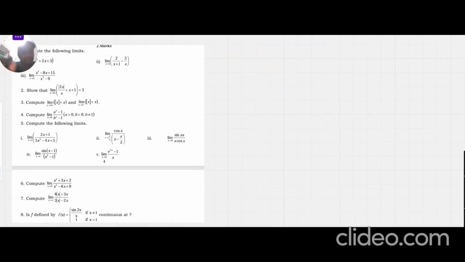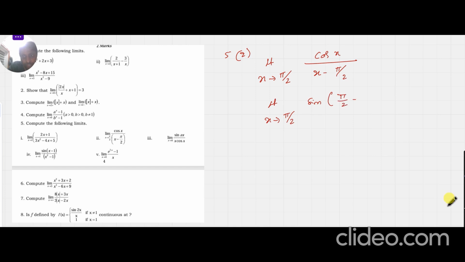Second one. The question second one. What is that? Limit x tending to pi by 2 of cos x by (x minus pi by 2). Limit x tending to pi by 2. What are you saying? You can write sine of (pi by 2 minus x). Yes or no?